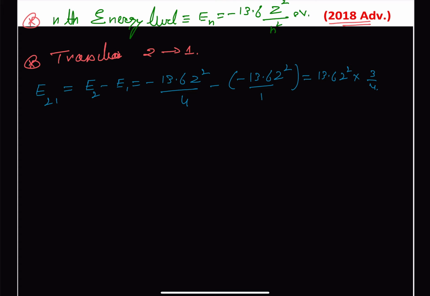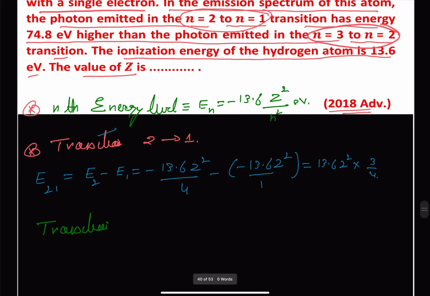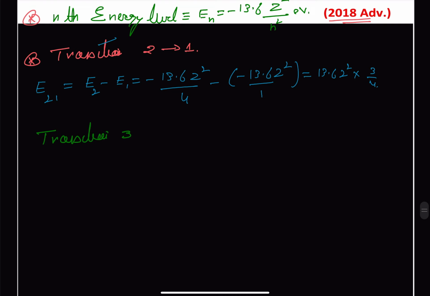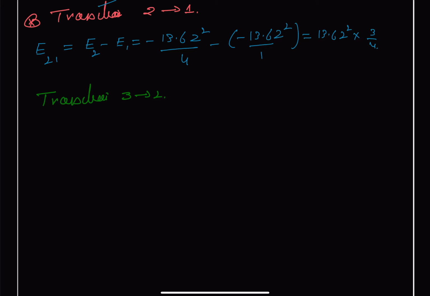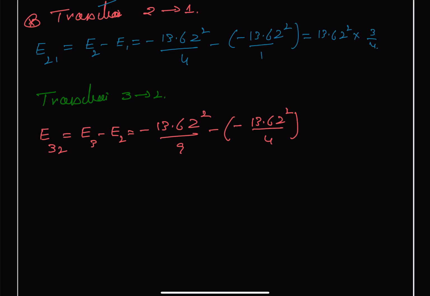And the second transition is from 3 to 2. So we can write that E32 will be equal to E3 minus E2, giving us minus 13.6 Z square upon 9 minus minus 13.6 Z square upon 4.